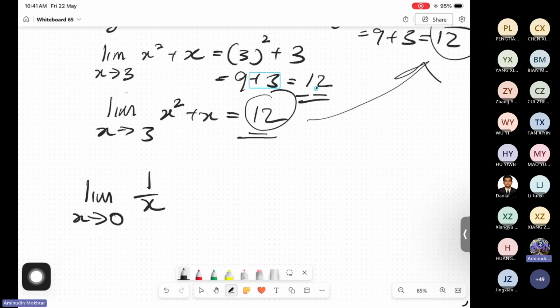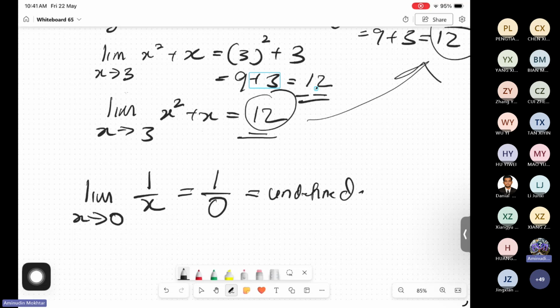Based on the rule of limit, we can substitute x equals 0 in the question. 1 divided by 0, the answer is undefined. We cannot get a number for the limit in this case.